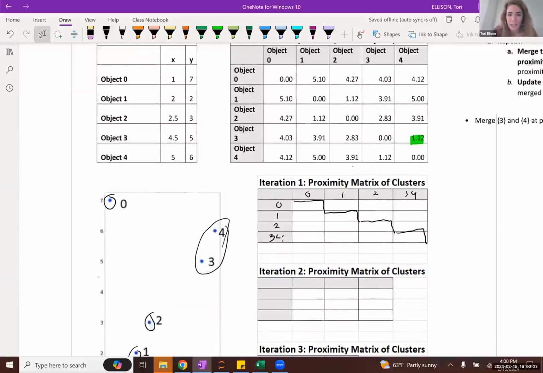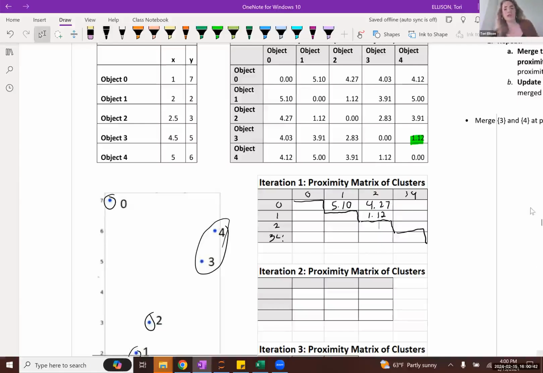All right, and so 0 and 1, those are simply the same two singleton clusters, so we already know that that's still 5.1. 0 and 2, we know that's still 4.27. Then 1 and 2 is still just 1.12.